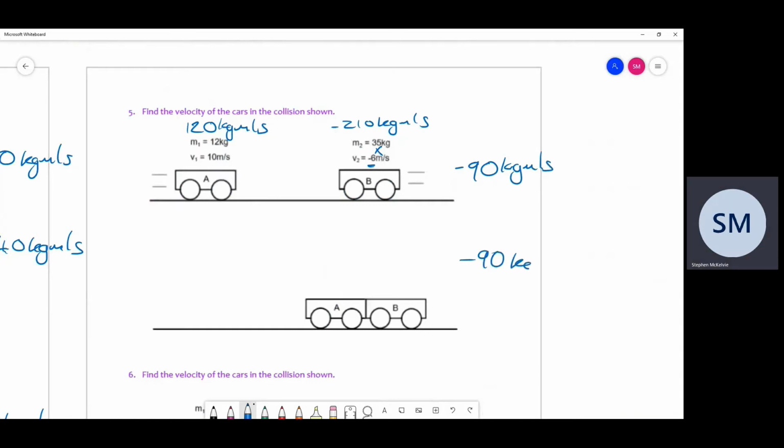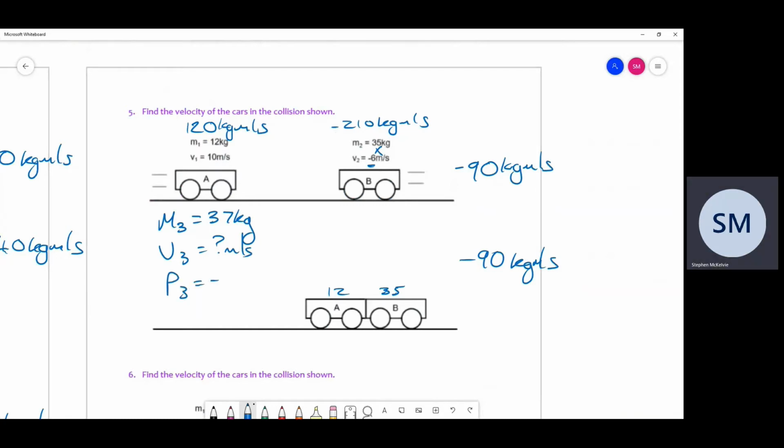Momentum before must be the same as the momentum afterwards. The mass of this is 12 and 35. M3 will be 37 kilograms. We don't know the velocity in meters per second.